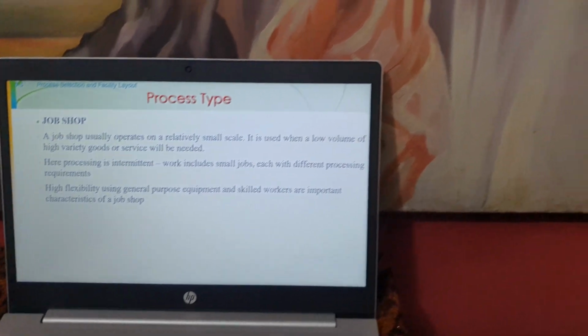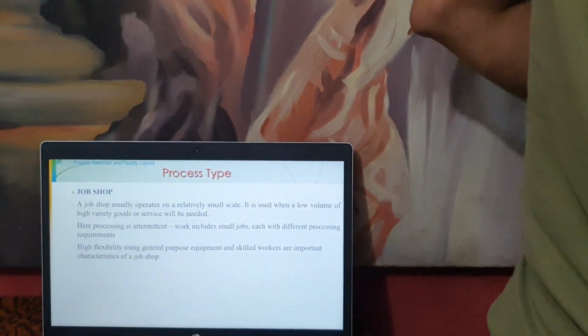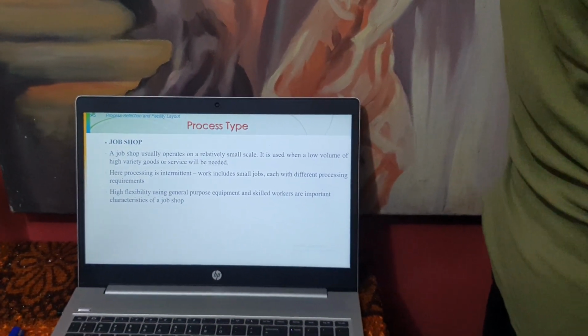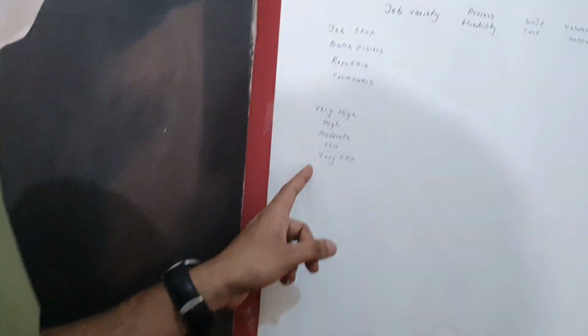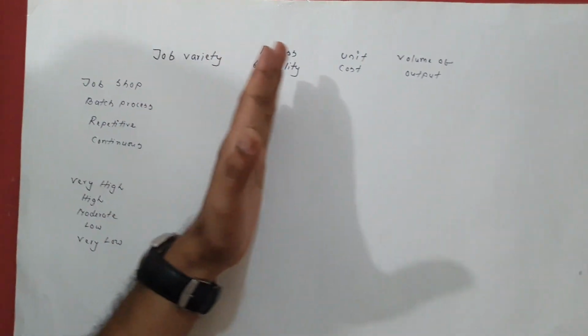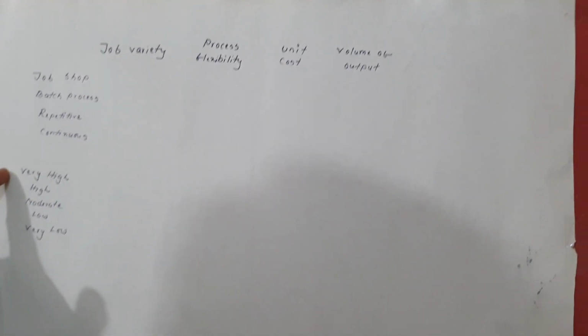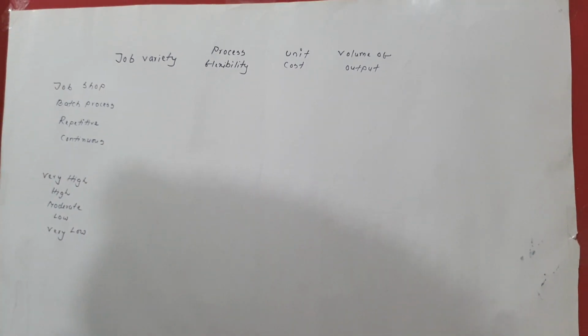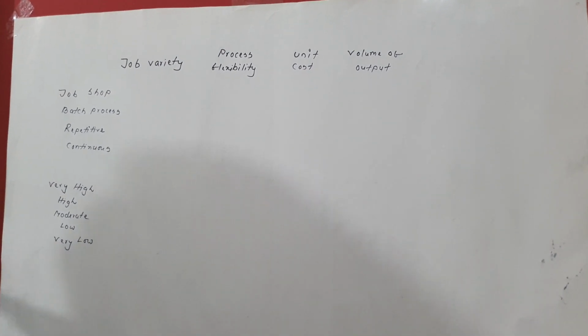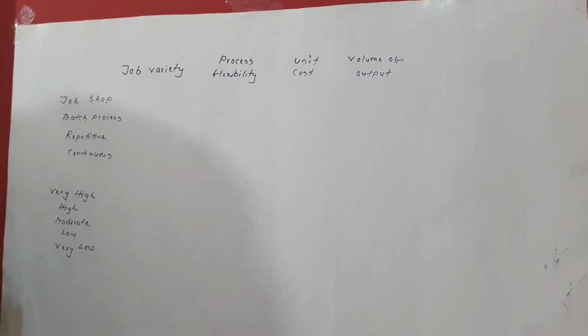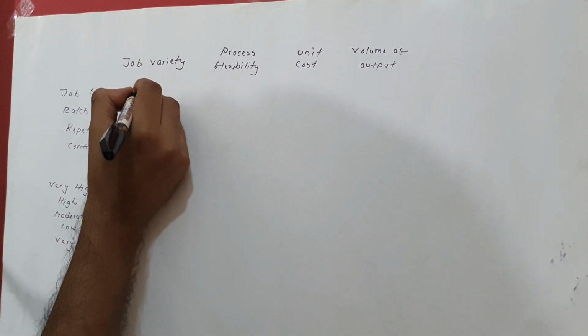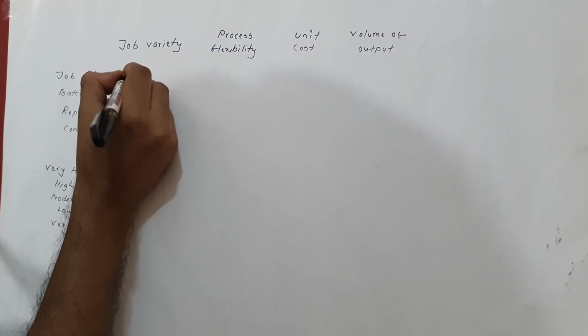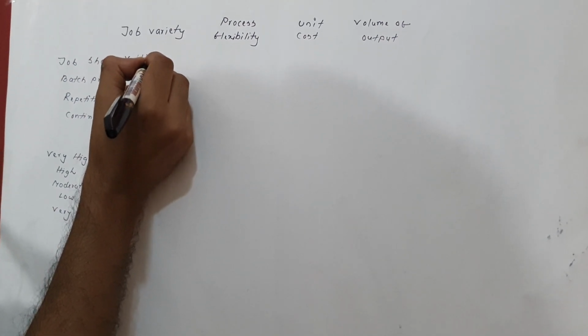So now I'm going back to this matrix. As I told you, we have five different measurements: very high, high, moderate, low, and very low. Now I'm going to fill this matrix using these measurements based on the characteristics given. In the job shop, we can definitely identify that the job variety is very high, so I put a small letter v there, very high.